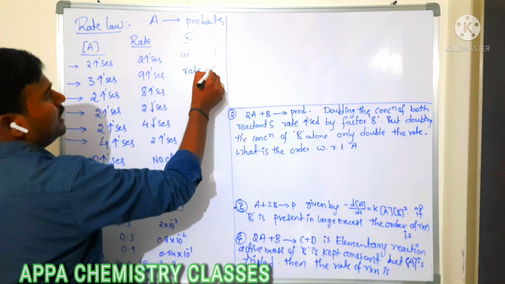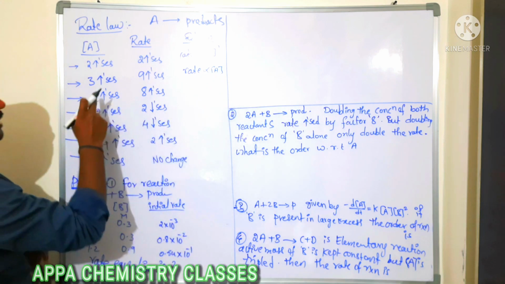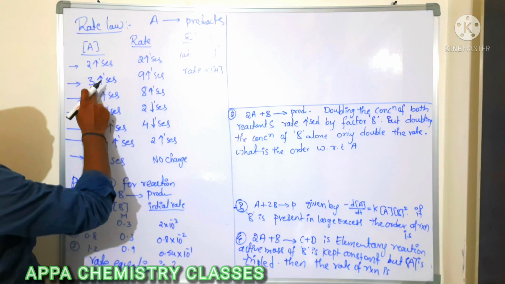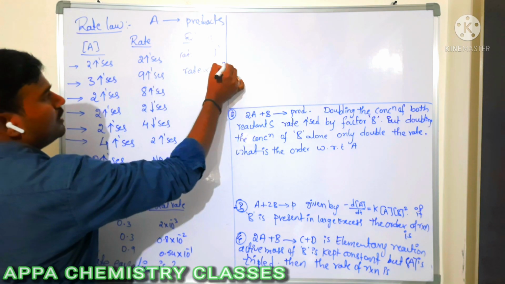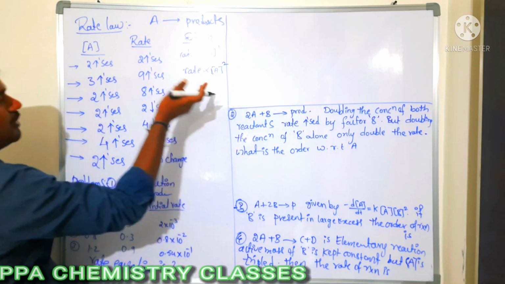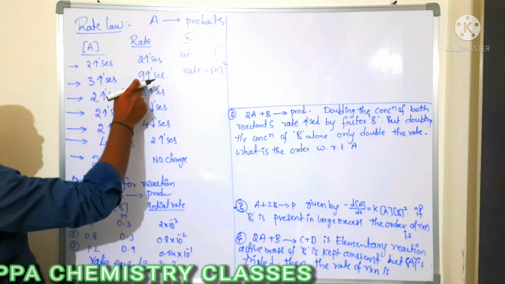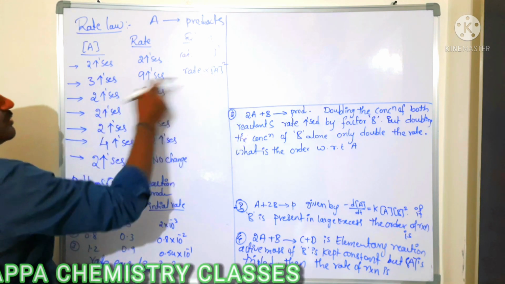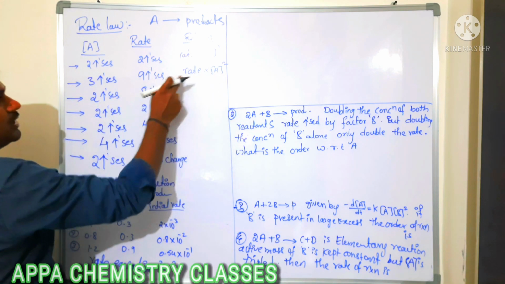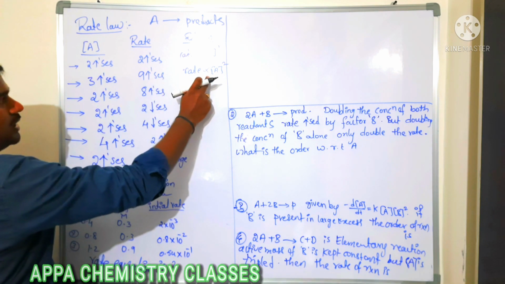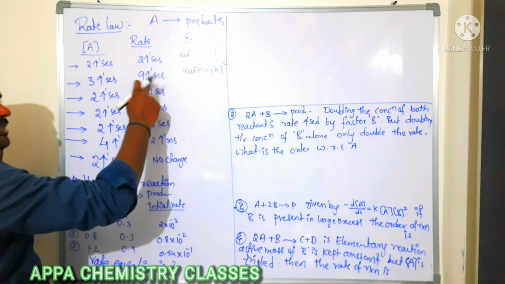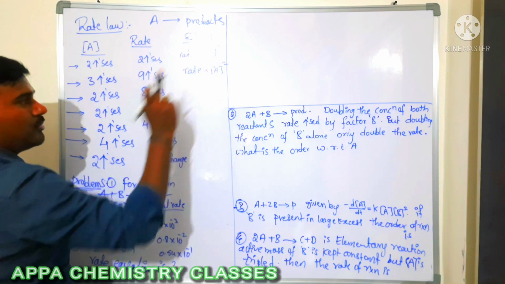Rate is directly proportional to A squared, because 3 squared is 9 times. So if you substitute 3 squared, that is 9 times. This is the relation. When it is exactly square, then rate is directly proportional to A squared.